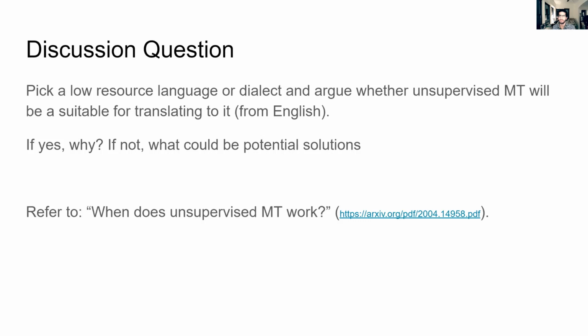And if not, what could be the potential solutions to address that? You can take hints from one of the previous slides, and you should read this paper, When Does Unsupervised MT Work?, provided in this link, that'll give you some hints on why or why not unsupervised MT can work for the language that you pick. That's about it. Thank you for listening.